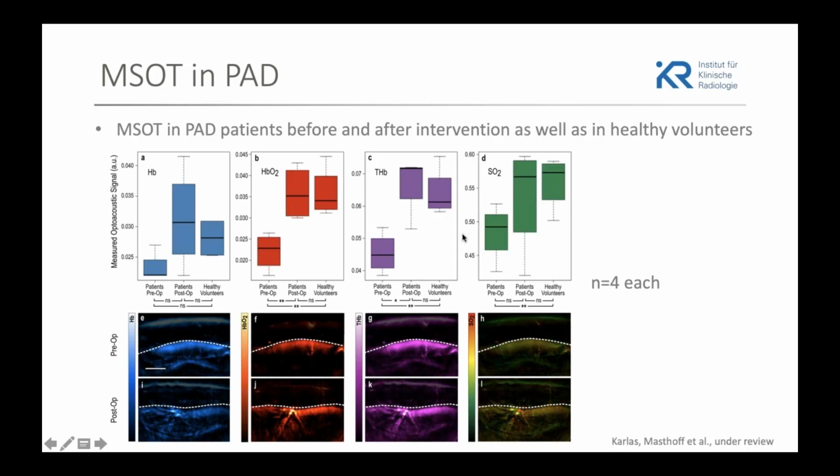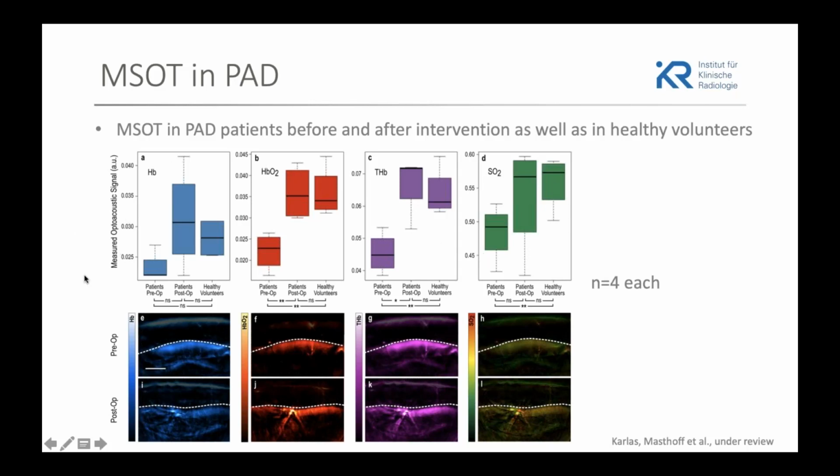Same as for the oxygen saturation and the total hemoglobin. Of course, since these measurements here post-operation were performed 24 hours after the intervention, there will be a reperfusion effect in these results.